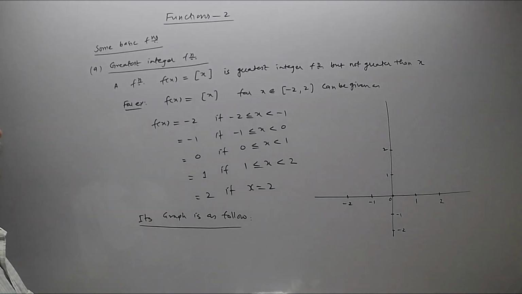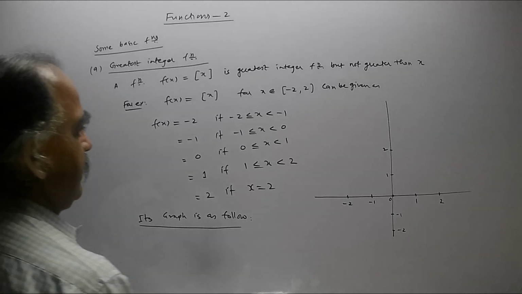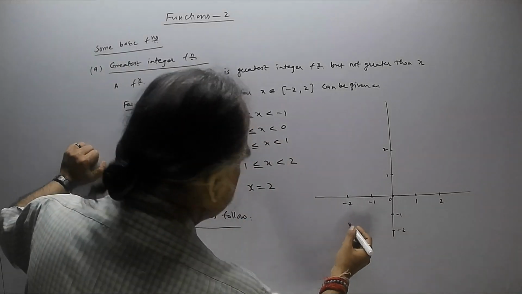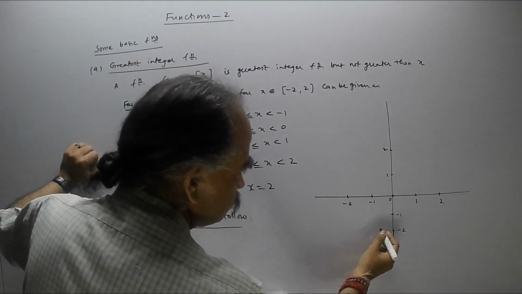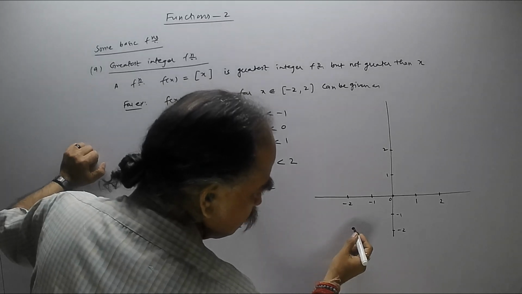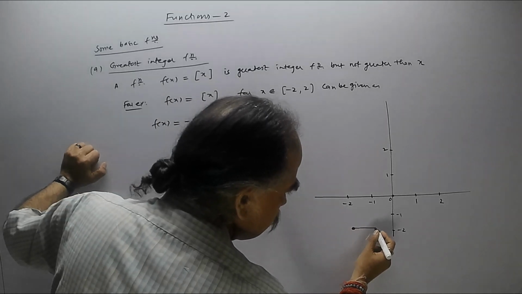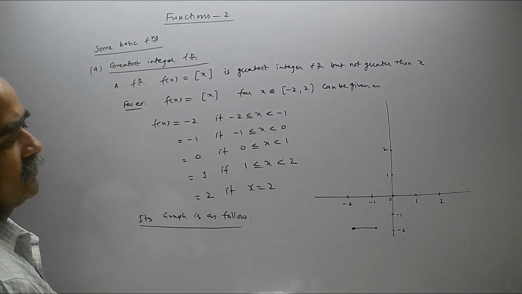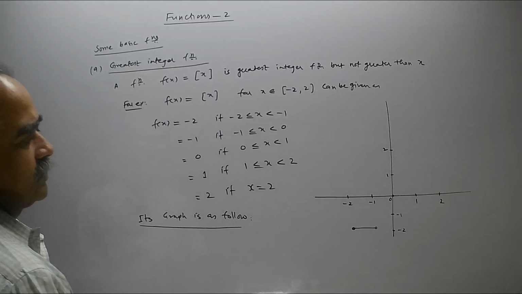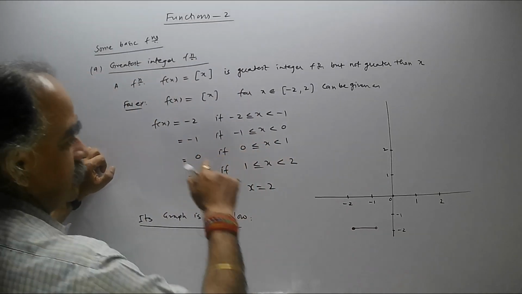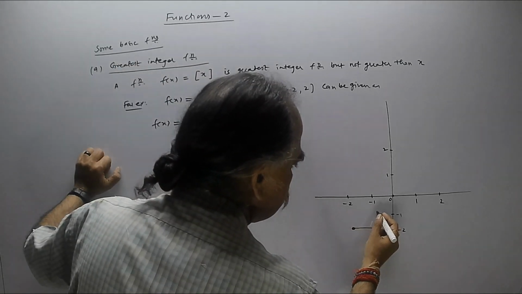When x is between -2 to -1, if it is -2, so including -2, up to -1 the value is what? -2. And when it is -1 to 0, it is what? -1.